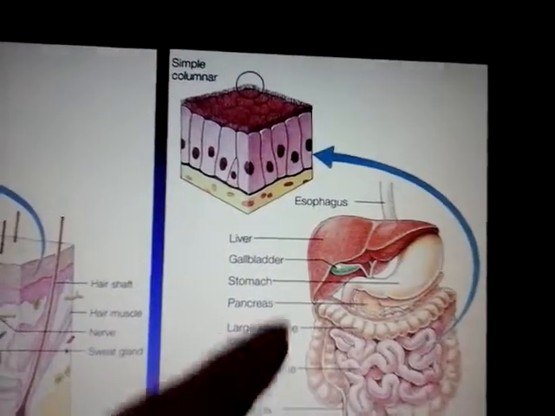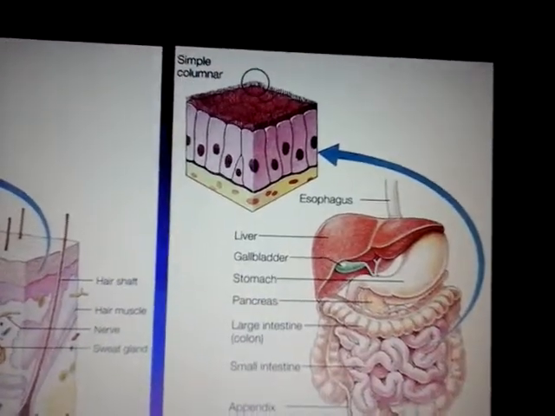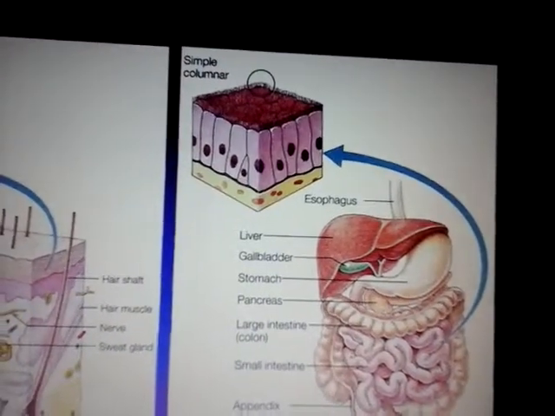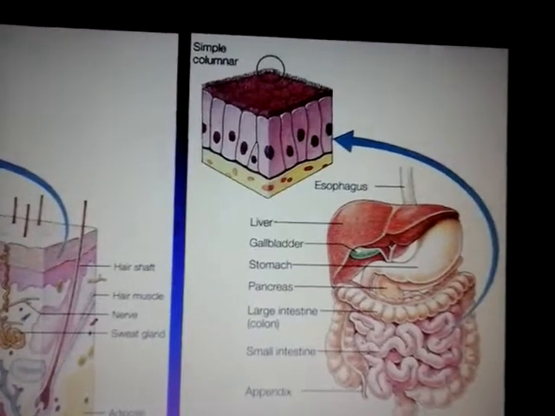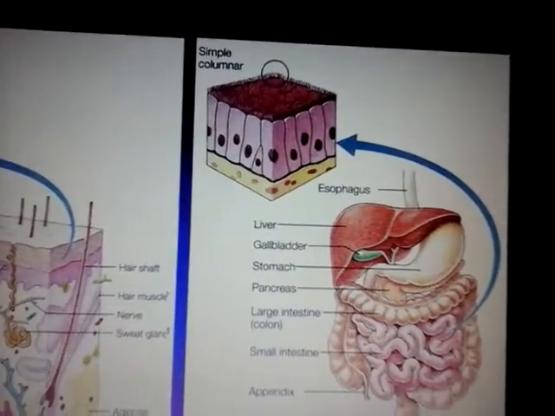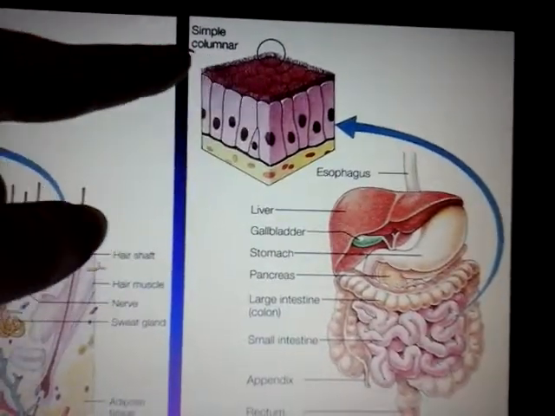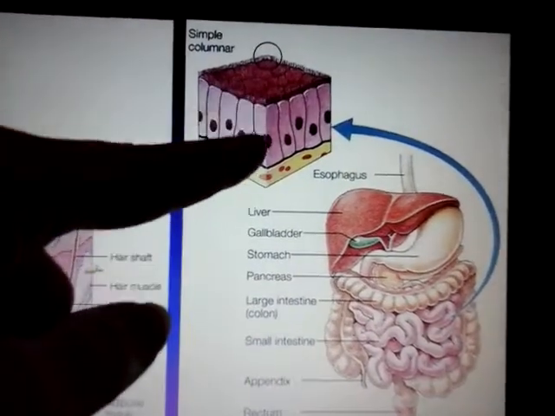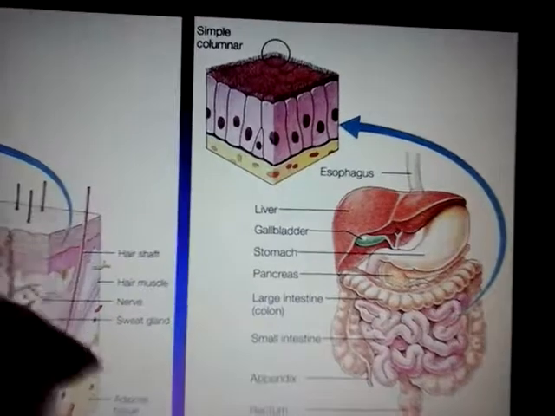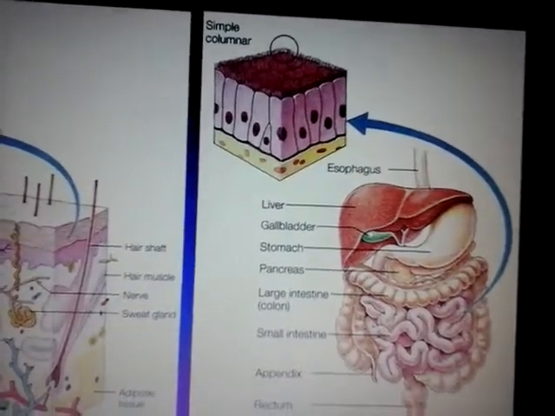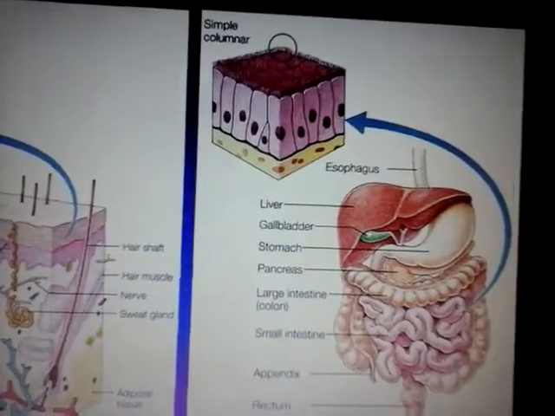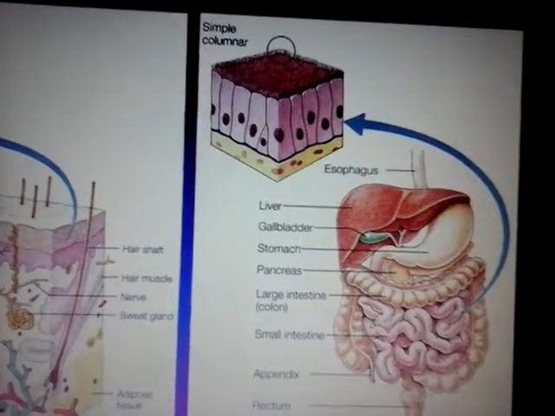Because you know in your digestive system, you're going to have toxins, you're going to have poisons, you're going to have bad stuff. And so you want to make sure that you don't absorb the acids and things like that. So even though it's simple, it's just one layer, by having these cells longer, it basically gives you a little bit more protection. But this is what makes up, again, most of your digestive system.